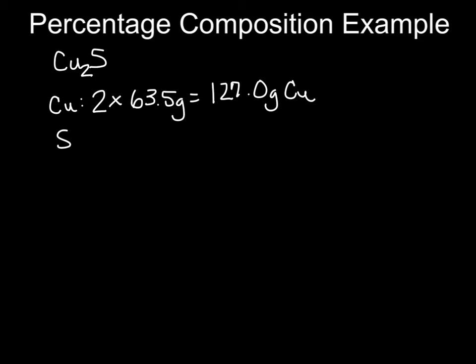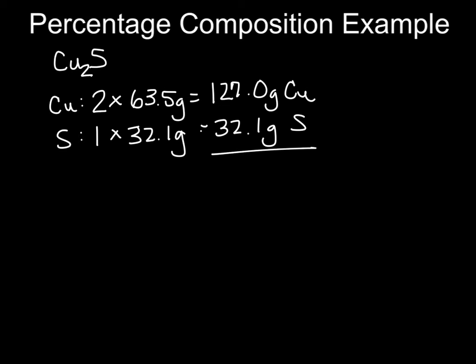I do the same thing for my sulfur. I have 1 atom of sulfur in my compound. I multiply that by the atomic mass of sulfur, which is 32.1 grams, and I get a total of 32.1 grams of sulfur. And when I add those together, I'm going to get a total mass of 159.1 grams of copper sulfide.